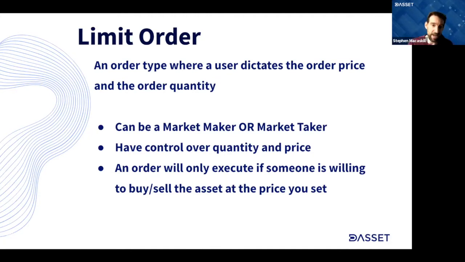It really depends. For example, if Bitcoin is $90,000 right now and you want to buy 10 Bitcoin at $50,000, then you are adding liquidity to the order book, because the price is currently $90,000. You have to wait for people to sell it to you.